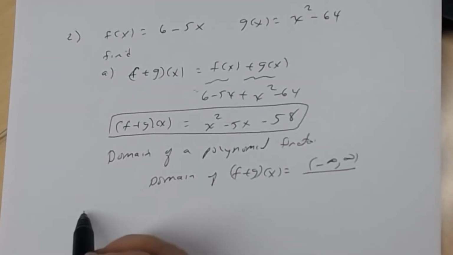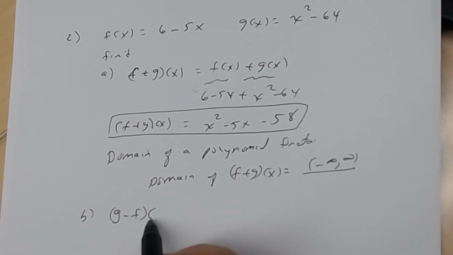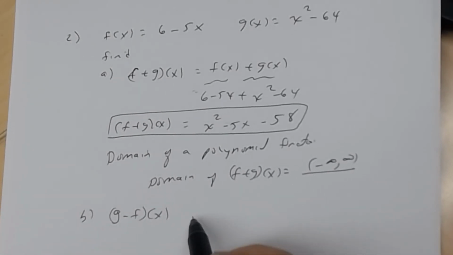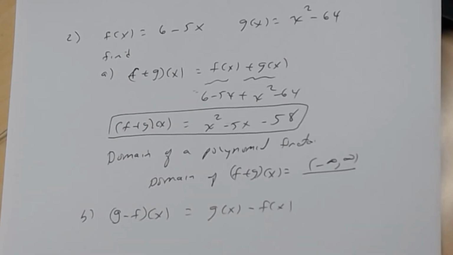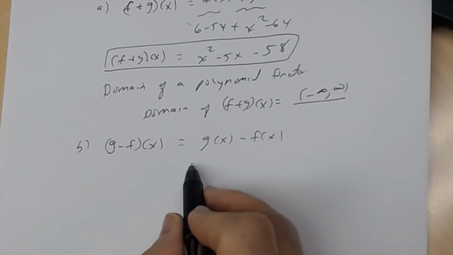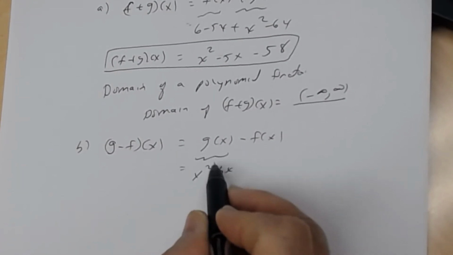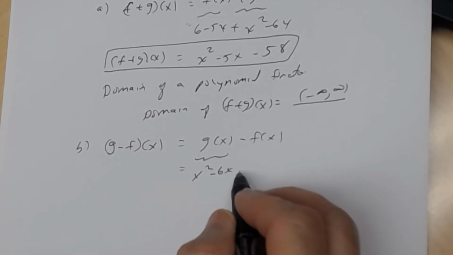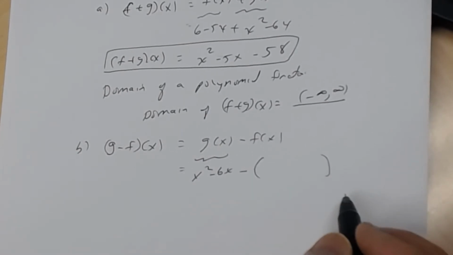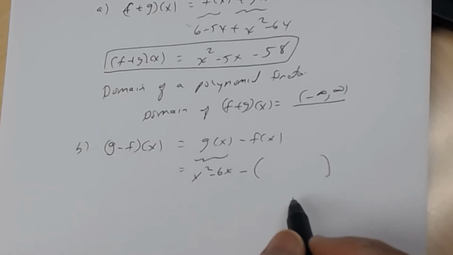All right, now part B. Suppose I want to find g minus f at x. All right, so by definition, that means g of x minus f of x, right? Okay, so then you're going to say, well, g of x is x squared minus 64, because that's what we know g of x is. But remember, this time you're subtracting, so you're going to have to put that in parentheses right here, because you're subtracting every term that's in here.